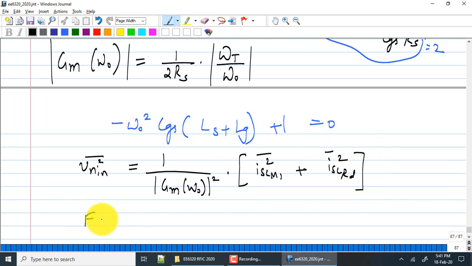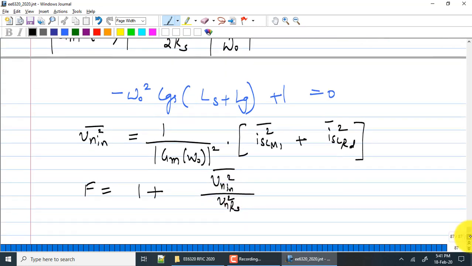And the noise figure expression is basically 1 plus VNN squared over GNRS squared. Can you please write this and tell me what answer you get?